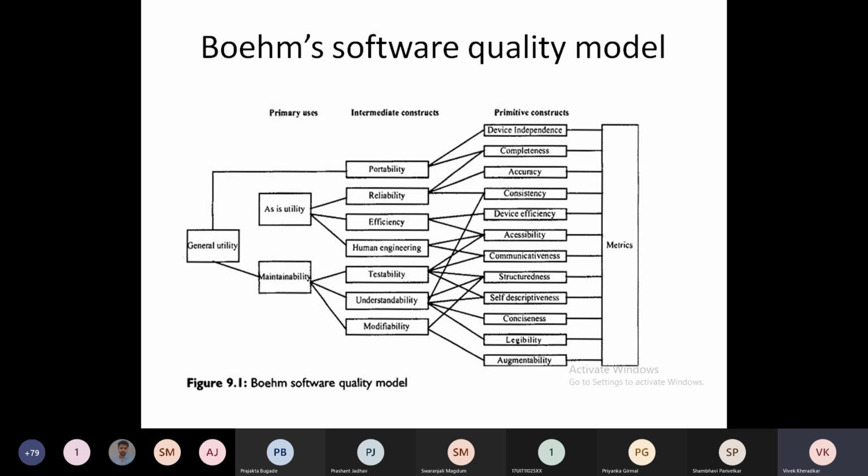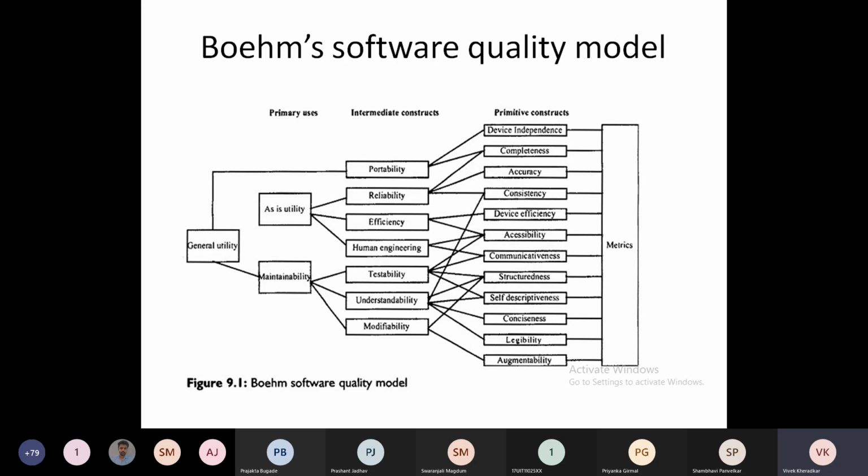Once you identify the intermediate constructs, these are decomposed into many primitive constructs. These primitive constructs are directly measured. We have the metrics for measuring the primitive constructs directly, and those metrics help to measure the intermediate constructs. So we have these levels: primary uses, intermediate constructs, and primitive constructs.